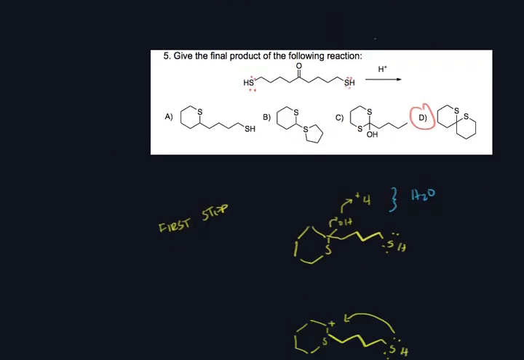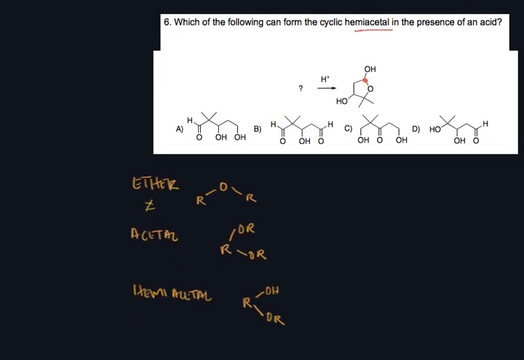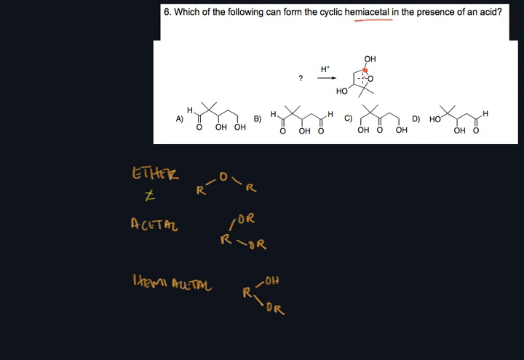And so if we come down, the way I approached this question is I said, okay, this is the bond that's probably forming. So if I open up that ring structure, then I've got something that looks like this. And I know that this oxygen was, in example number 4, the alcohol group, and this group right up here started off as the ketone group.